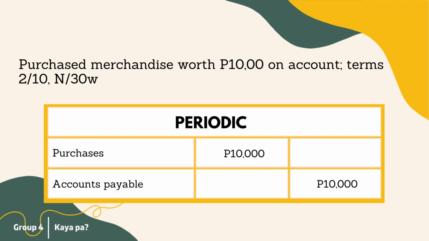It says we bought merchandise worth 10,000, on credit, terms 2% paid within 10 days and net should be paid within 30 days. If this is periodic, that's simple. Debit purchases 10,000 and of course because we incurred a debt, we have accounts payable credit of 10,000. Okay?